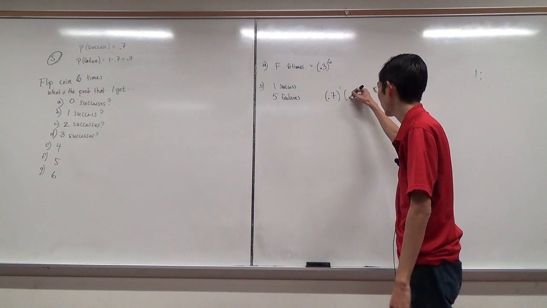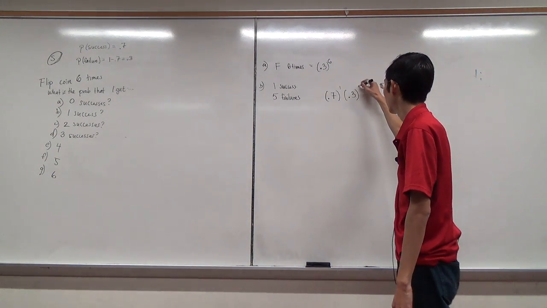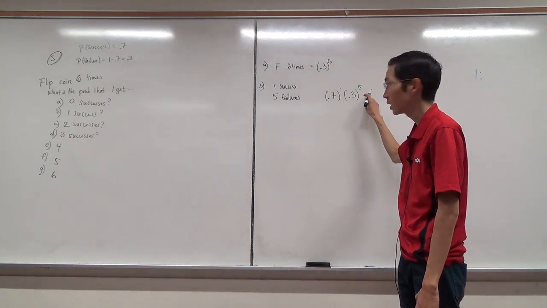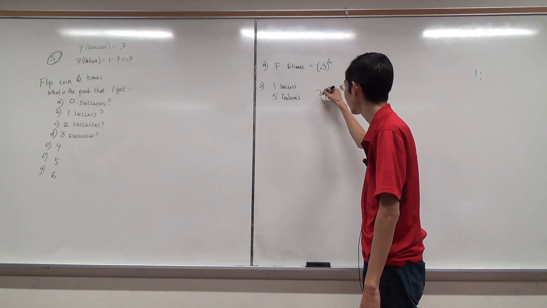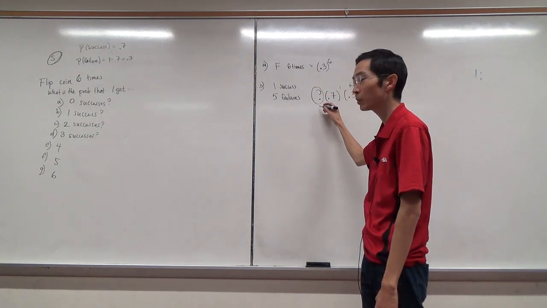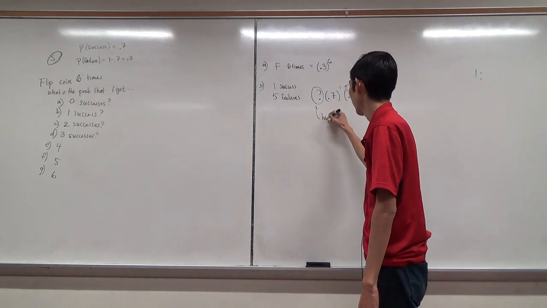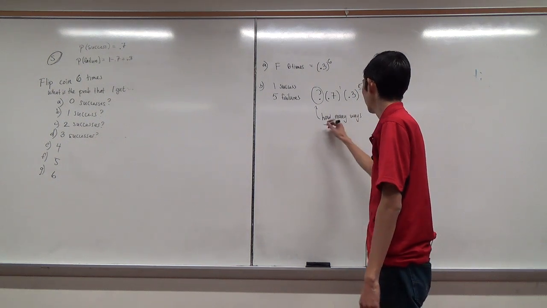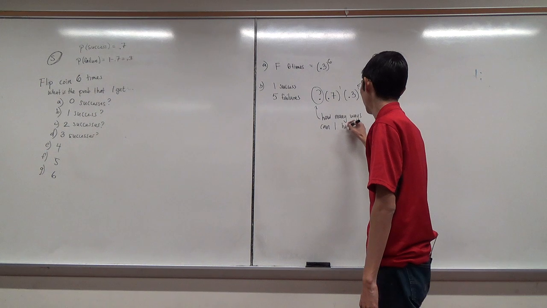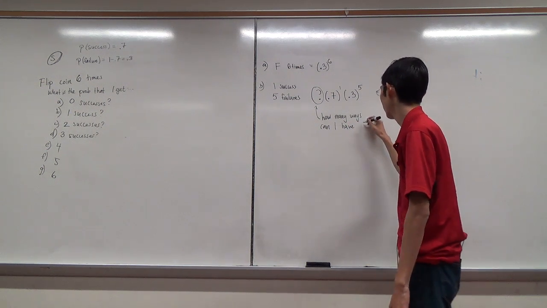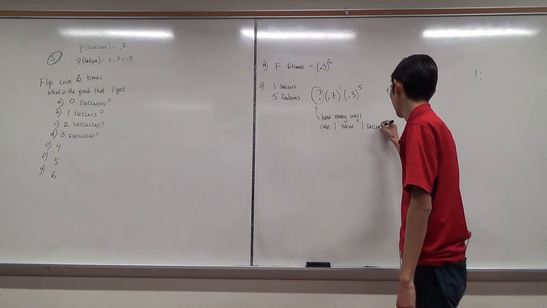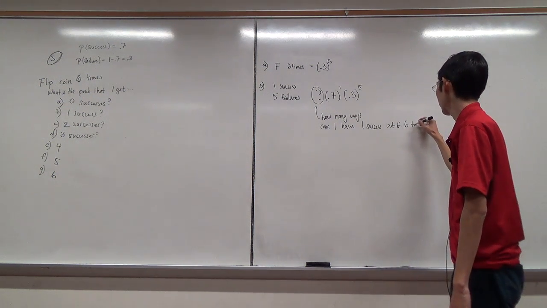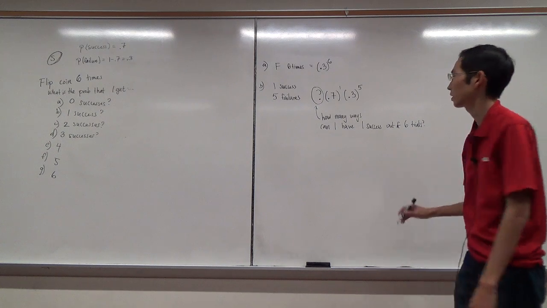And how many times would I have to have a failure? 5 times. So I'd have 0.3 raised to the 5. And then I have some number here, which is how many ways can I have one success out of 6 trials?